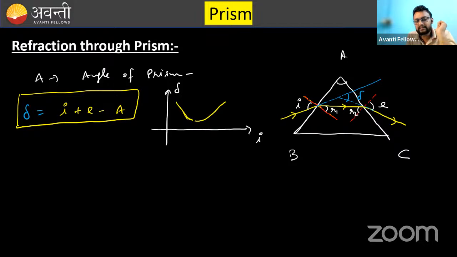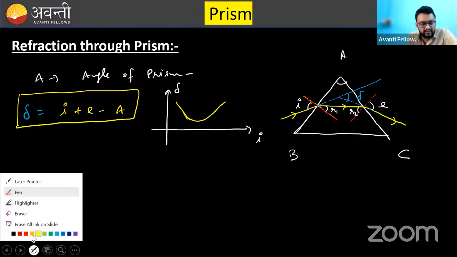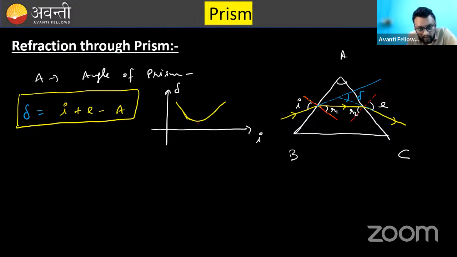So you can see here that as the angle of incidence increases, delta decreases, and after that delta starts increasing. That means delta has a certain minimum value. At this point, delta has a certain minimum value, which is known as delta minimum.